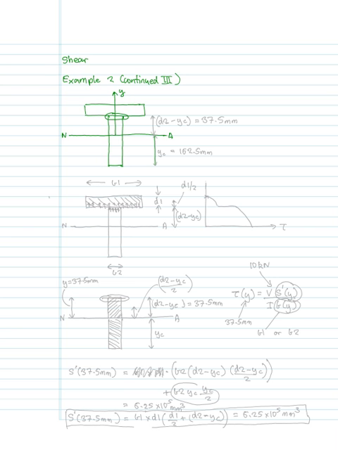So if that's YC, then we want to calculate our shear stress at a distance d2 minus YC. Our YC turned out to be 162.5 millimeters, so d2 minus YC is going to be equal to 37.5 millimeters. I should have been able to do it in my head.